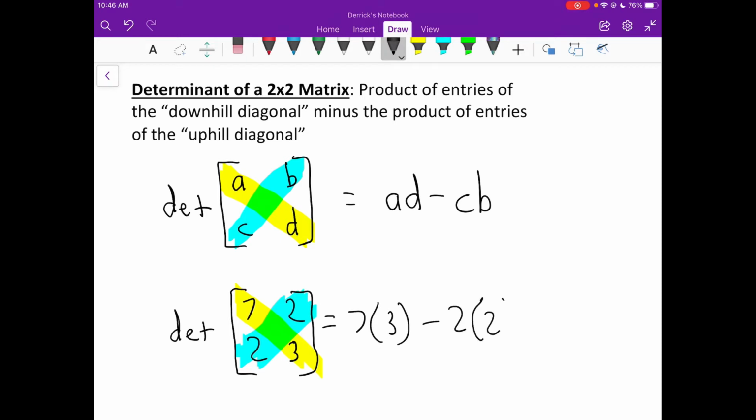So you would take 7 times 3 minus 2 times 2. 7 times 3 is 21. 2 times 2 is 4. 21 minus 4 is 17. So that would be your determinant. Do recognize the determinant really is just a number. This is not a 1 by 1 matrix of 17. It's just a number. So the determinant here would be 17.